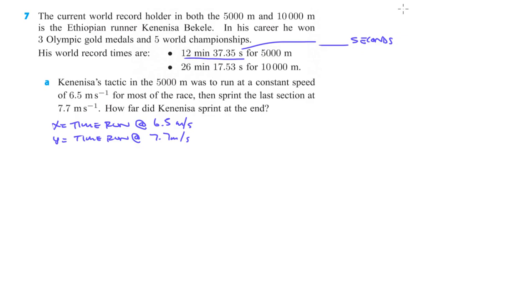So the 12 minutes, we take 12 times 60, which is 720 seconds, plus 37.35. So this is 757.35 seconds total.